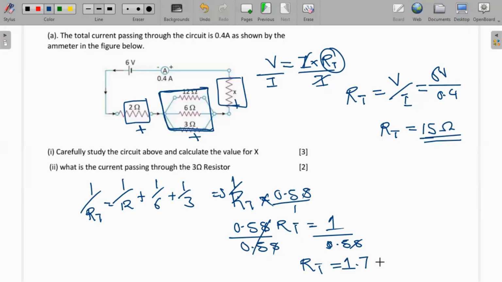Are we getting the same answer? Yes. Okay, so 1.72 ohms.